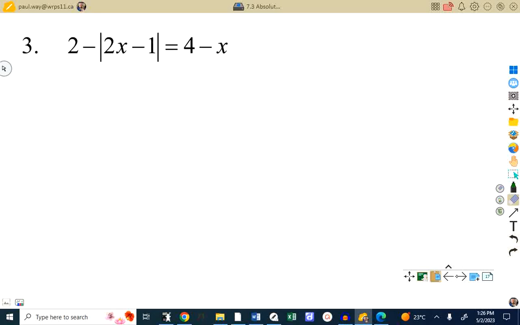Well, again, one of your equations, it's equation 1, will be 2 minus 2x minus 1 equals 4 minus x. What have I done wrong? Intentionally this time? Right, I forgot the brackets around the 2x minus 1.